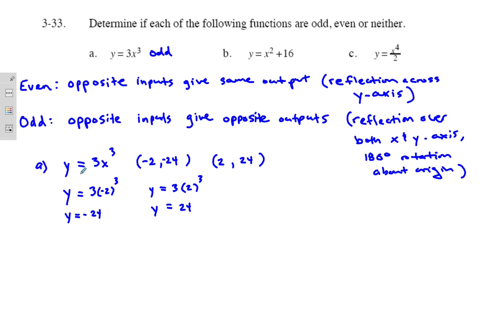Let's look at letter B. We've got y equals x squared plus 16. So a parabola that has been shifted up 16 units. So it should still have symmetry across the y-axis. Let's go ahead and use 2 and -2 again.